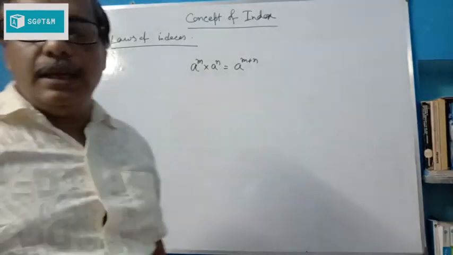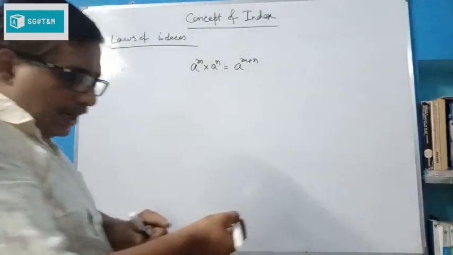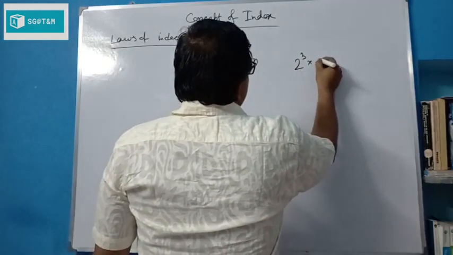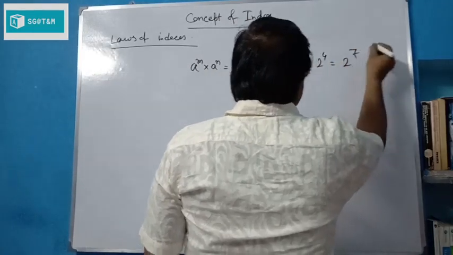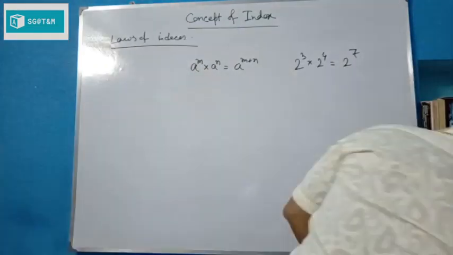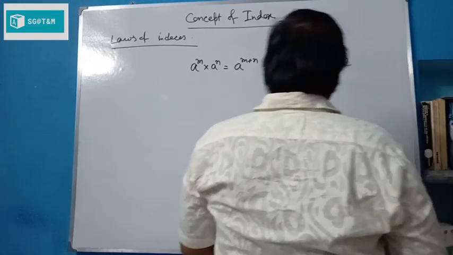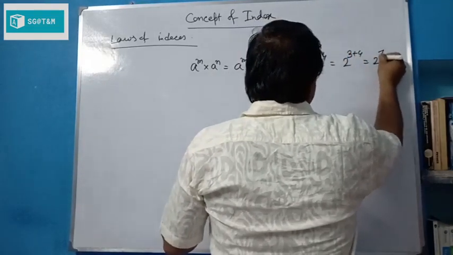Powers will be added together. 2 to the power 3 into 2 to the power 4 is nothing but 2 to the power 7. How do you get 7? First write 3 plus 4, that is 2 to the power 7.